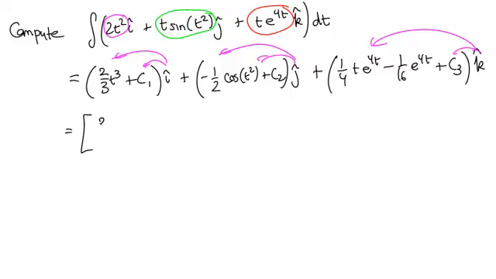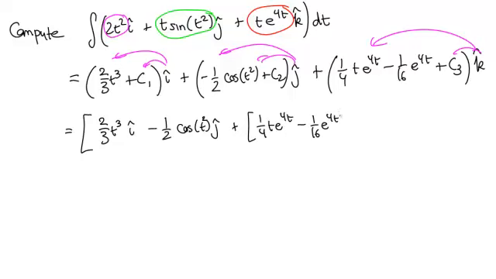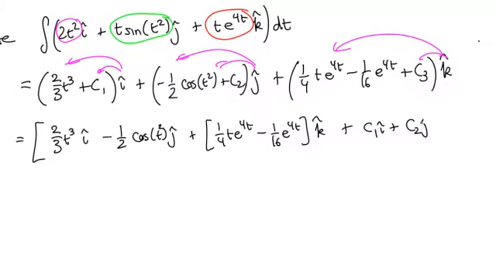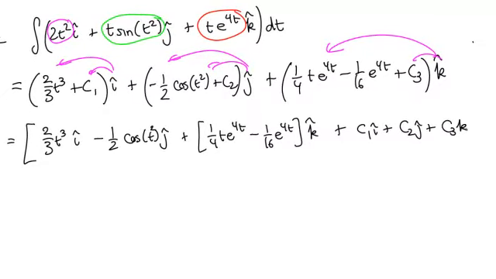This is 2/3 t cubed times the vector i, minus 1/2 the cosine of t squared times the vector j, plus 1/4 t e to the 4t minus 1/16 e to the 4t times k, plus c1 i plus c2 j plus c3 k.